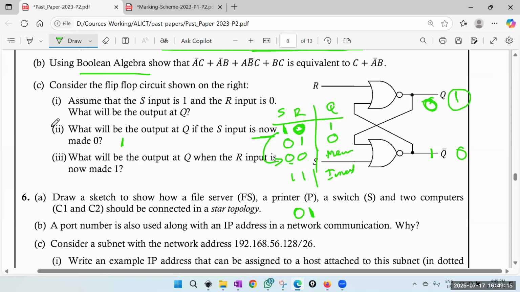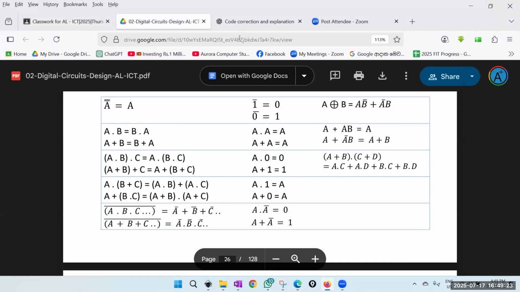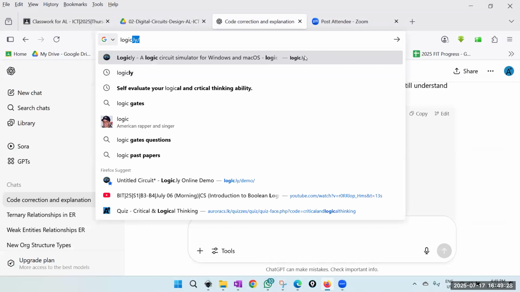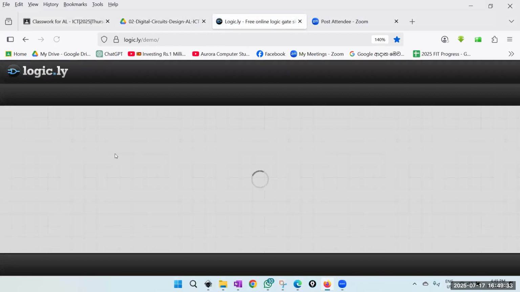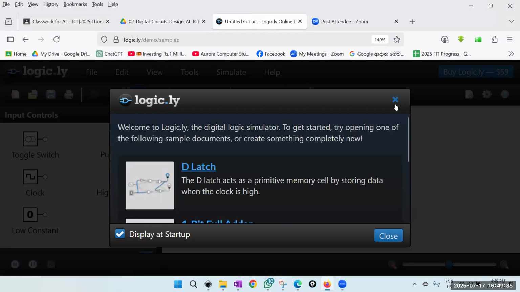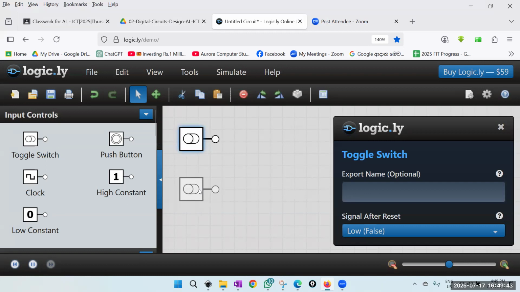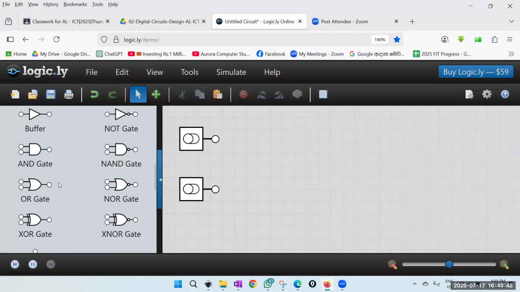Right. Any questions? You can play with this logically. Of course, if you have done all these things, you can do this. You can have two toggle switches, then two NOR gates. You can use NOR gates or NAND gates.